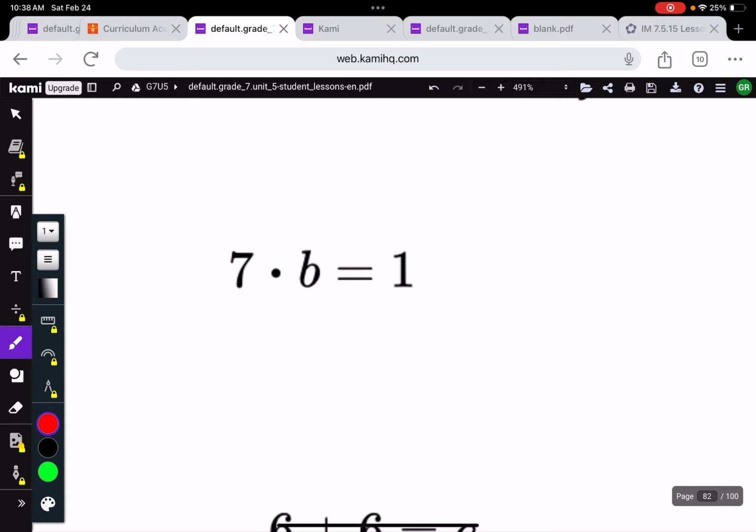If I wrote the equation 2 times B equals 10 instead, I think to myself, 2 times 5 is 10. How do I get the number 5 using 10 and 2? Well, that means I take the answer and I divide it by the problem. 10 divided by 2 is 5.